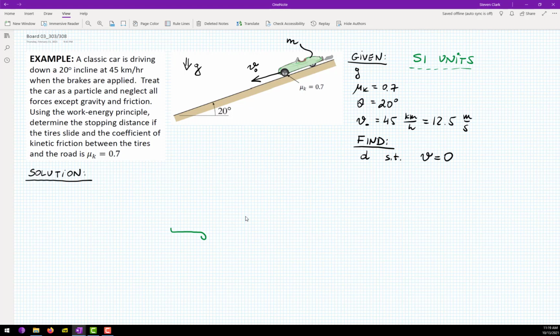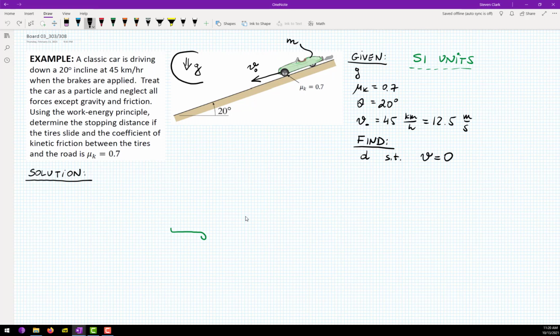Okay, so what do we have here? We have a car that starts decelerating. That car has mass m. We're going to model that car as a particle. It has initial velocity v0 and is traveling down an incline of 20 degrees. We have kinetic friction between tires and ground equal to 0.7.